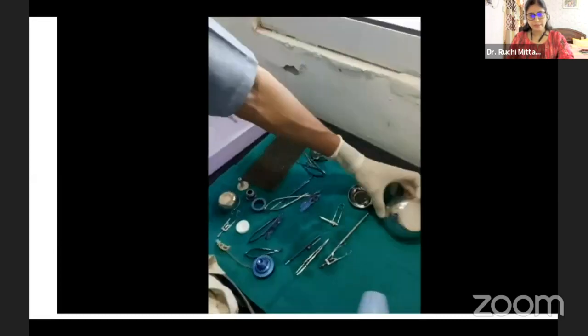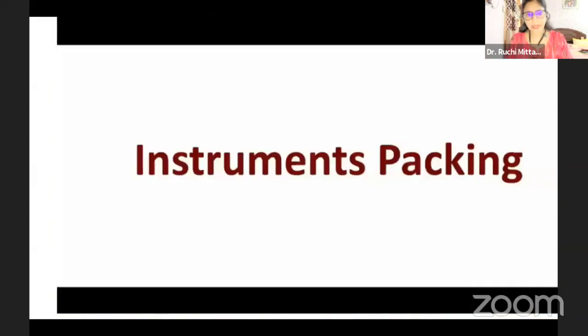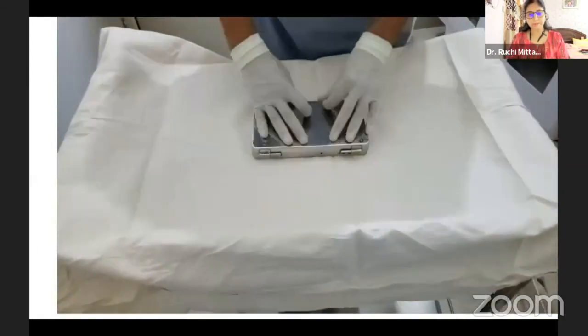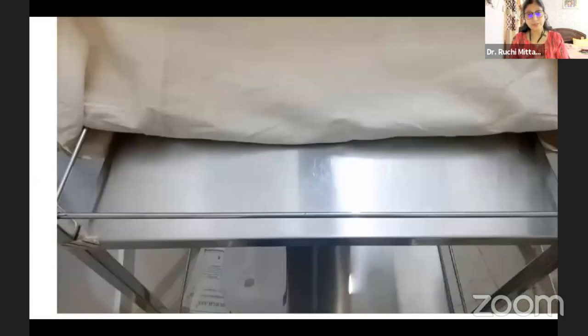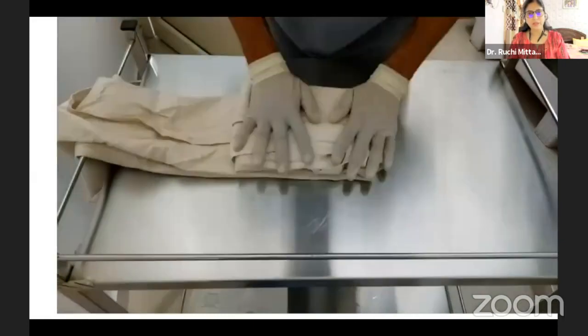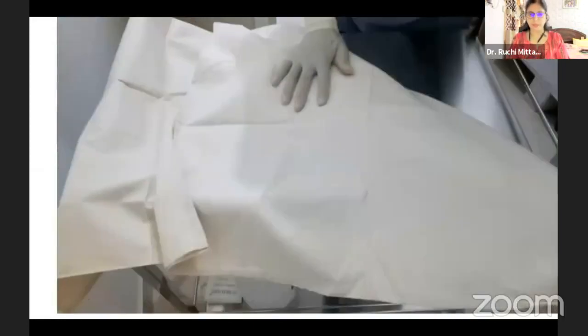After this comes packing. The packing of the instrument is done, and then we keep a chemical indicator in our pack and then properly fold. This folding and this type of packing is again very important, and we have to make an internal audit to see all these things also, whether these are being done properly or not.